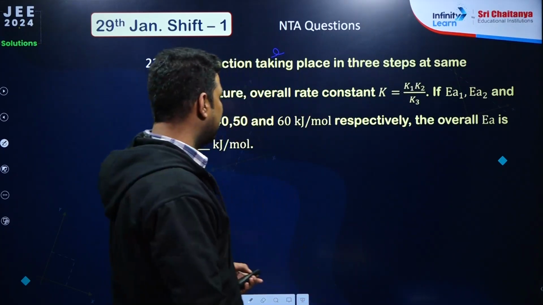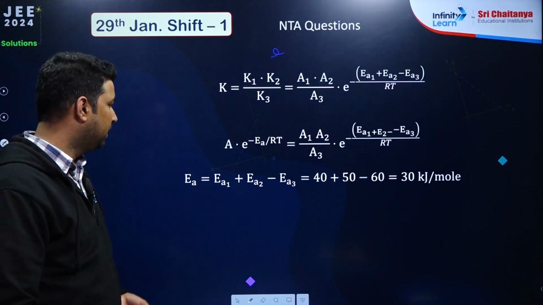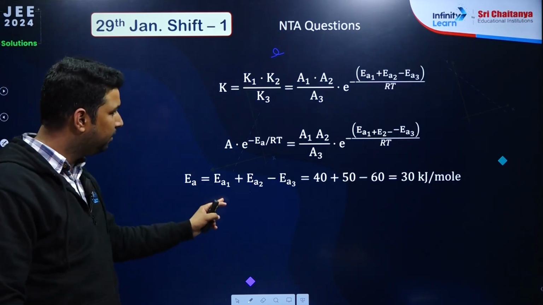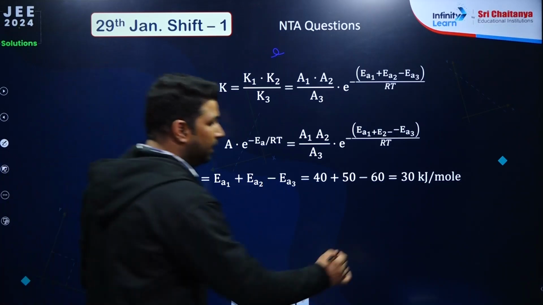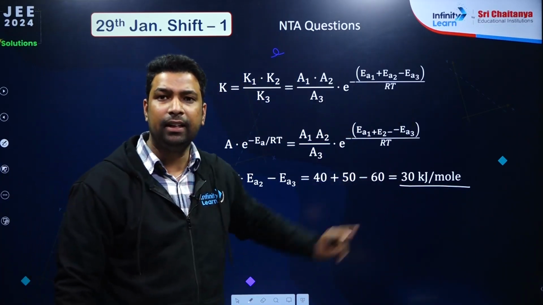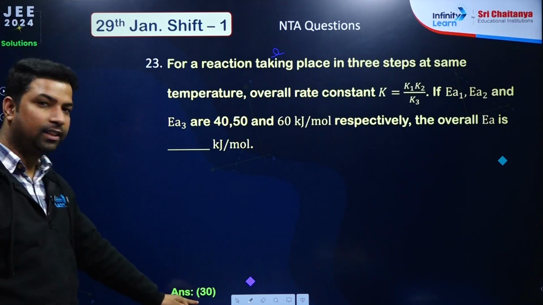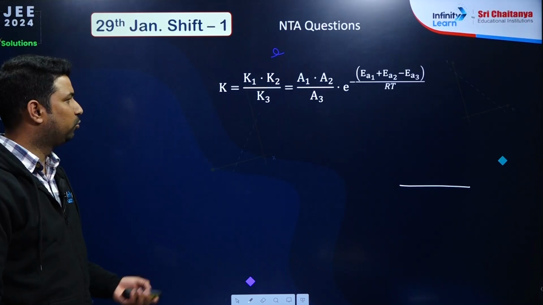Too simple. But if you go with the expression, this will be your expression. So net Ea will be Ea1 plus Ea2 minus Ea3. So the answer will be 30 kilojoule per mole. 40 plus 50, 90 minus 60, it will be 30. So you can see the answer is 30. Okay. It was a too easy question.